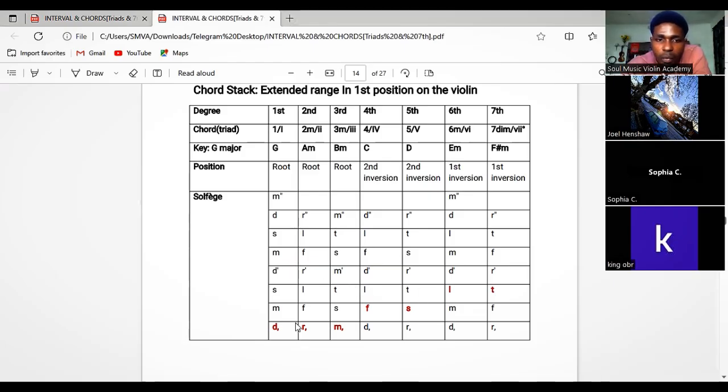Pay attention. Voice leading is moving the shortest distance possible to the next chord. Most times, it's either the same note or a semitone above or below.